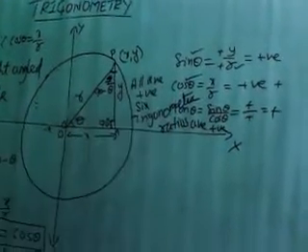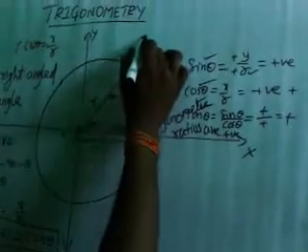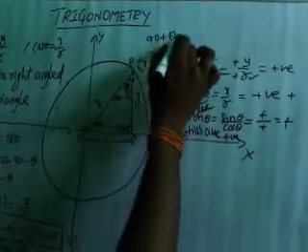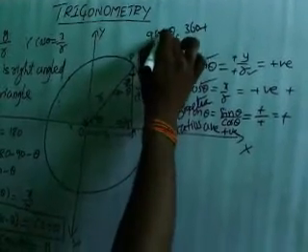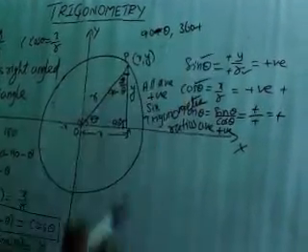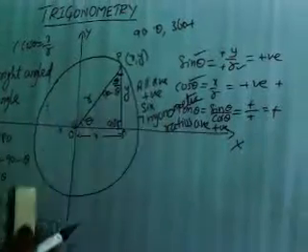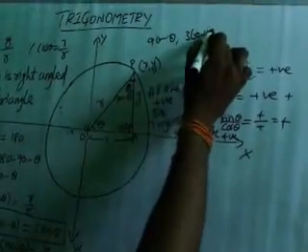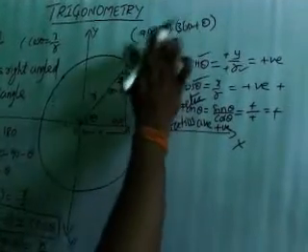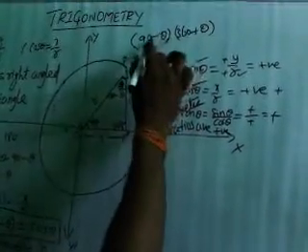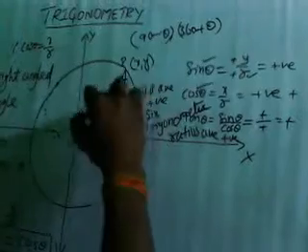So for first quadrant angles like 90 minus theta and 360 plus theta, whenever you see these angles, they lie in the first quadrant. So in the first quadrant, all trigonometric ratios are positive.